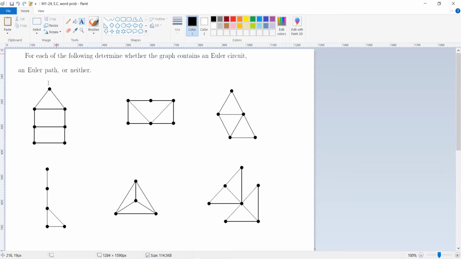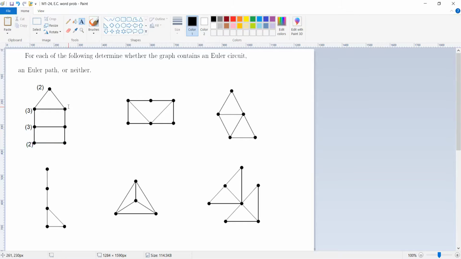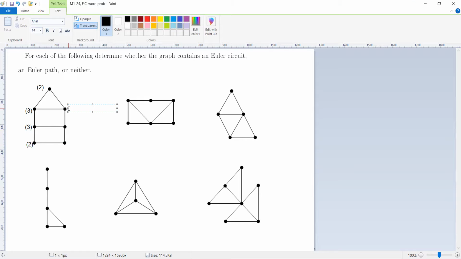So just going to the first graph, get the degree of every vertex, or at least get started on finding the degree. So degree 2 has 2 connections. This is degree 3 with 3 connections coming off of the vertex. Degree 3, degree 2. So if I get one more odd, which I have right here, this is degree 3, I could go ahead and stop and say that's going to be neither.